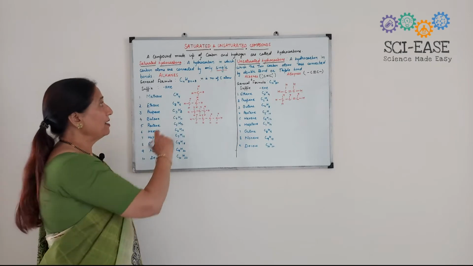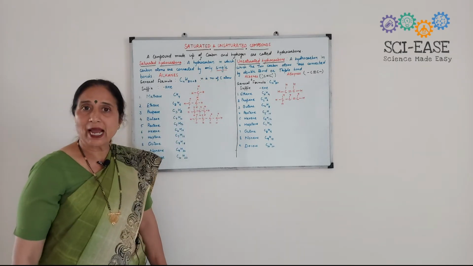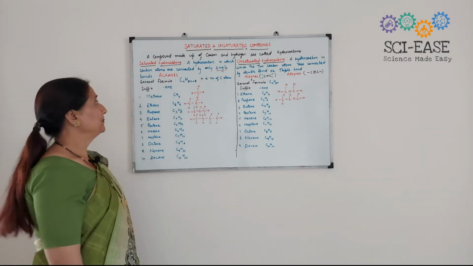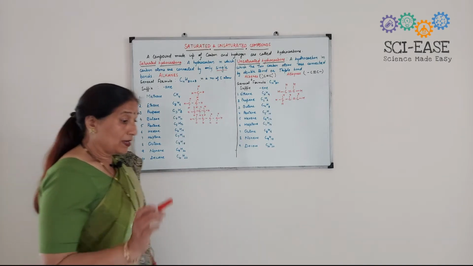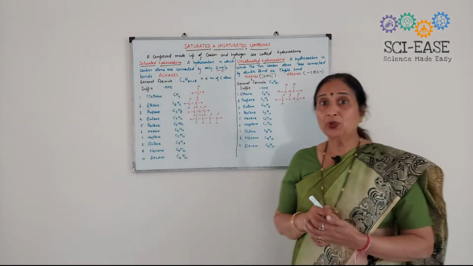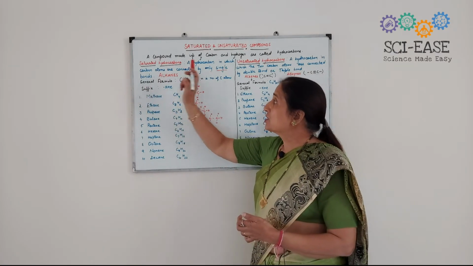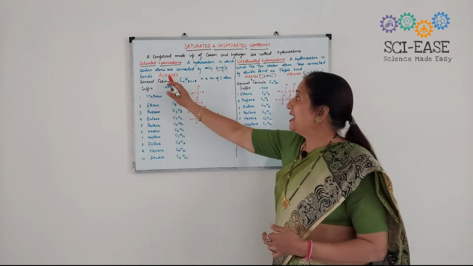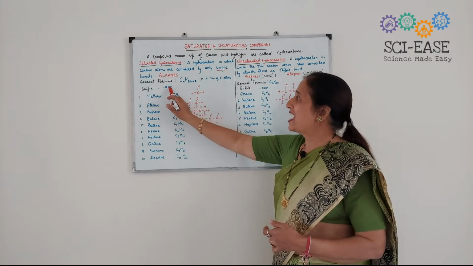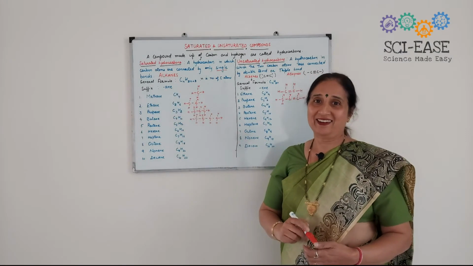What is this n? It is the number of carbon atoms in a molecule. Another thing you are to remember is the suffix used in alkanes: ane, A-N-E.